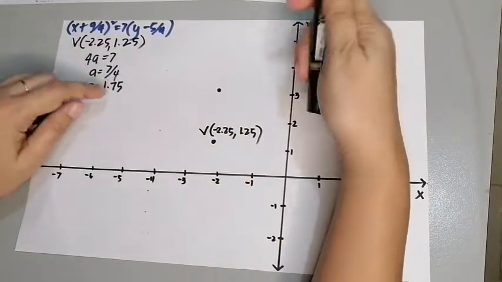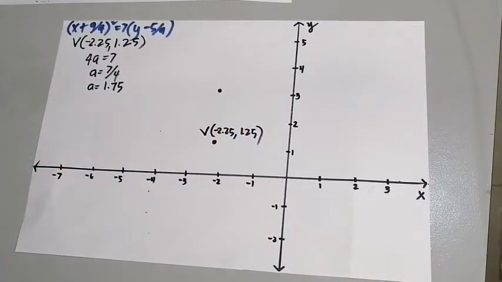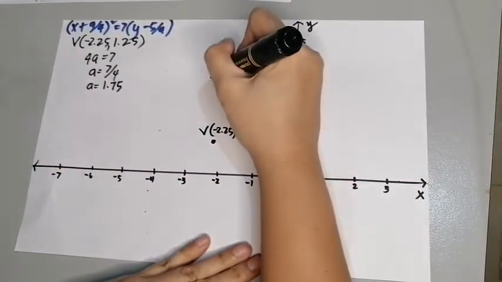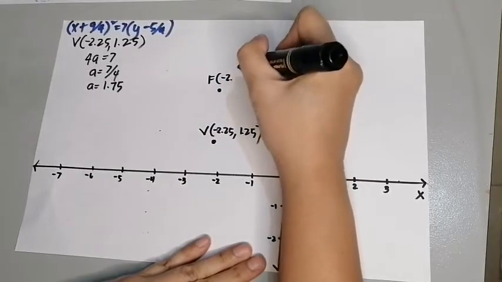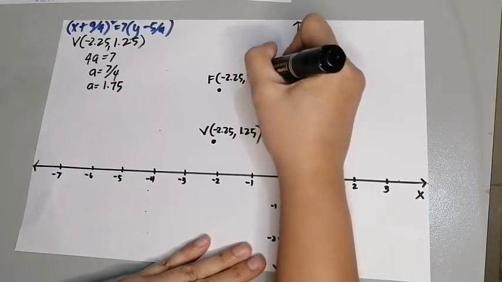So the coordinates of the focus would be negative 2.25, 3.